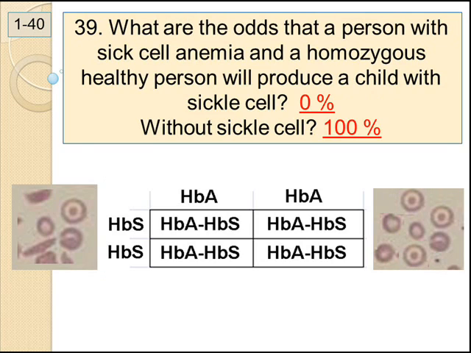Now this person is homozygous healthy. So if you look at the possibilities, right there are their two alleles. Do you see any sickle cell kids in that bunch? Not one. Because this parent will always trump this parent.